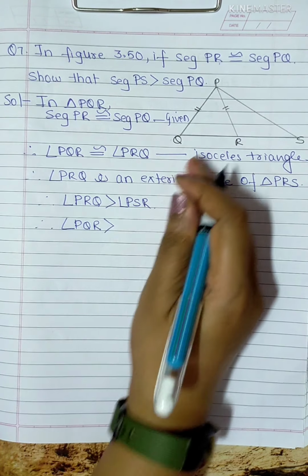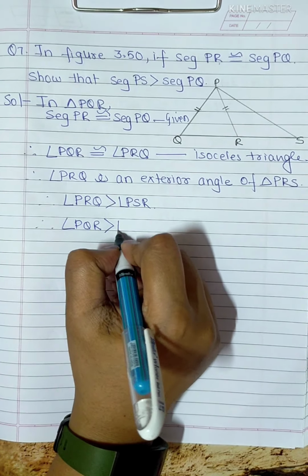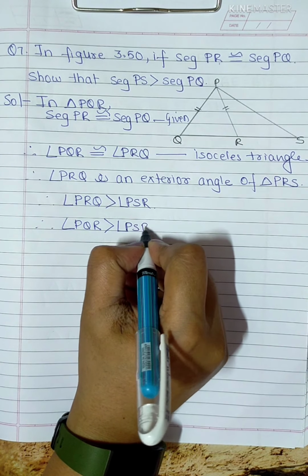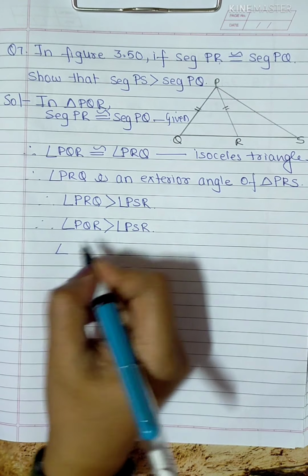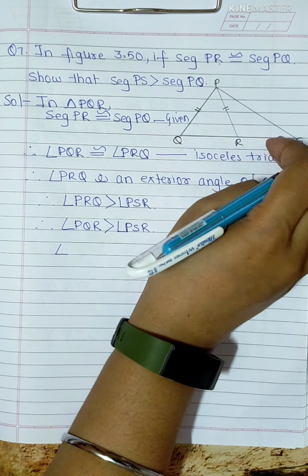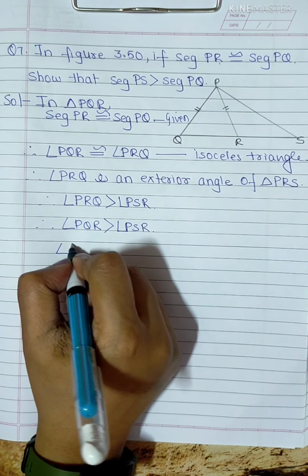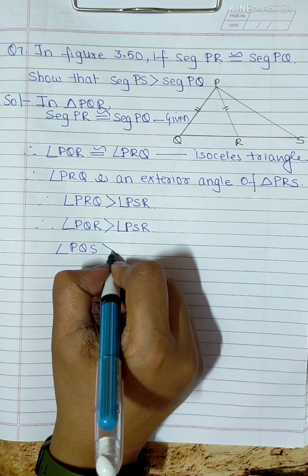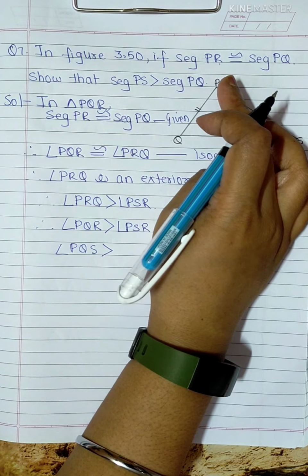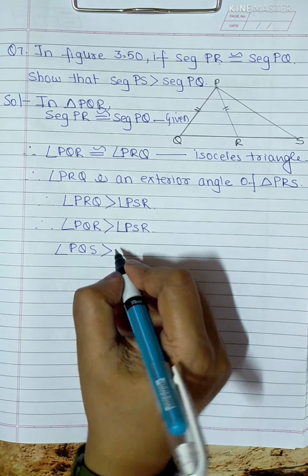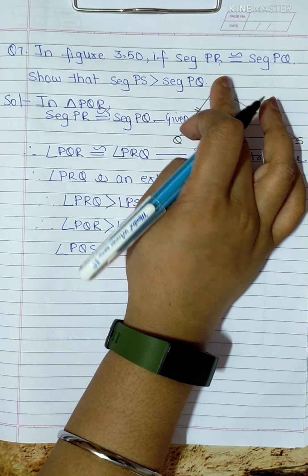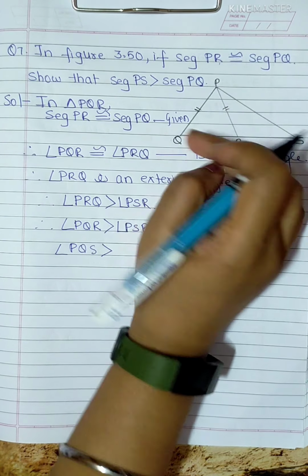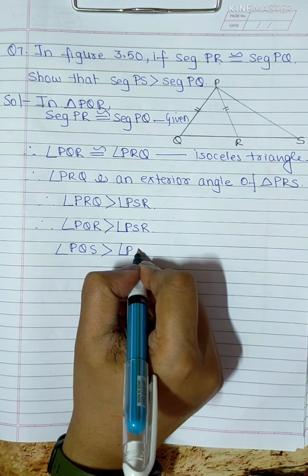Now next step, here angle PQR is greater than PSR. Now here again angle PQS is greater than angle PSQ.